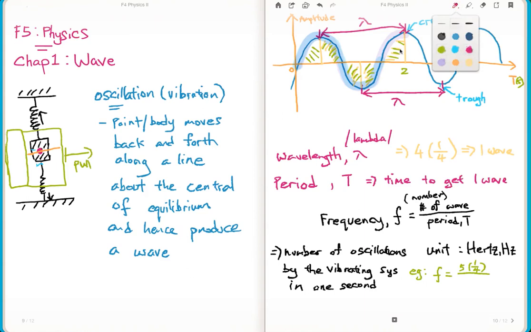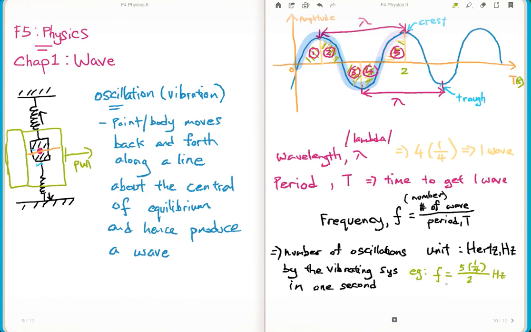I'm going to label it 1, 2, 3, 4, 5. There are 5 quarters. Over how long? Period is 2 seconds. Number without unit, meaningless, so put a unit.